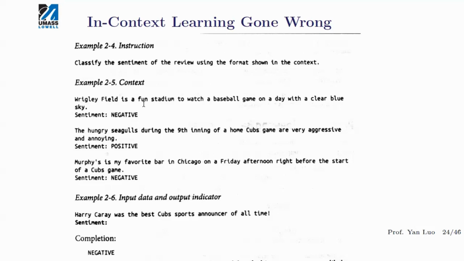Because I see fun stadium and a clear blue sky. But we gave this example as a negative sentiment, which is incorrect compared to common sense. These three examples are all the same flavor, in the sense that the sentiment we gave the model is actually not truthful, from my personal view. Does it make sense? Yeah, I'm sorry, I thought positive and negative meant true or false.